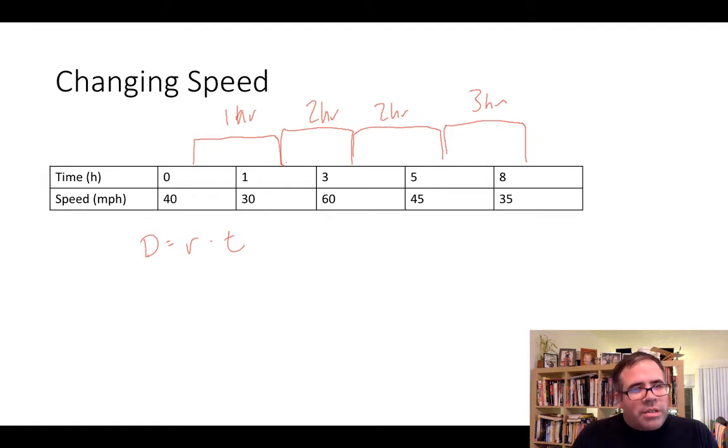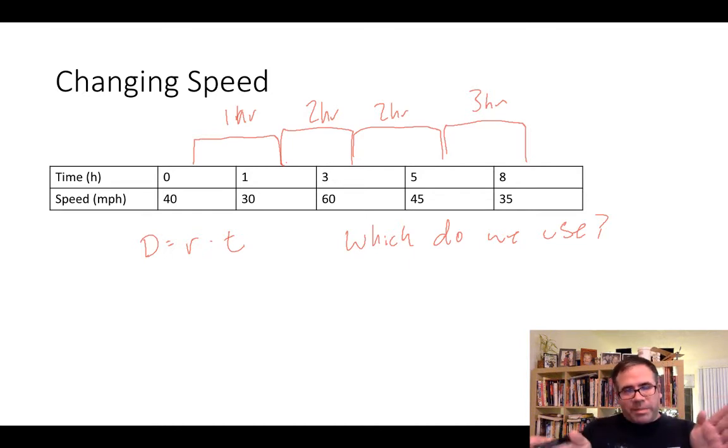But there's a question. Which do we use? For this first interval, do we use the 40 or do we use the 30? So there's kind of a natural split where we could say, oh, well, for each interval, we can just use the number that's on the left, right?